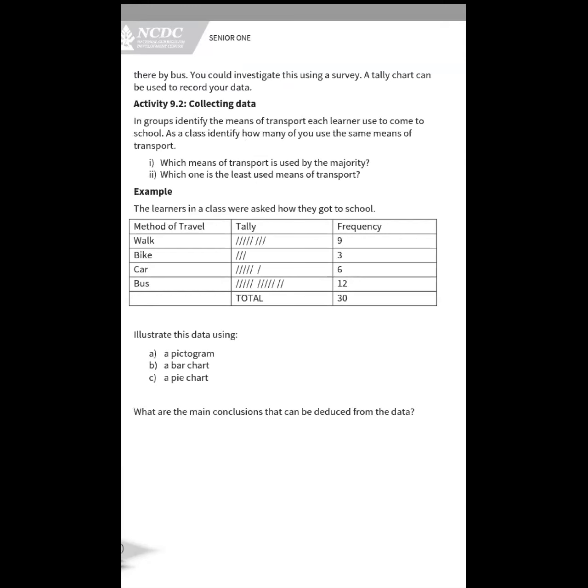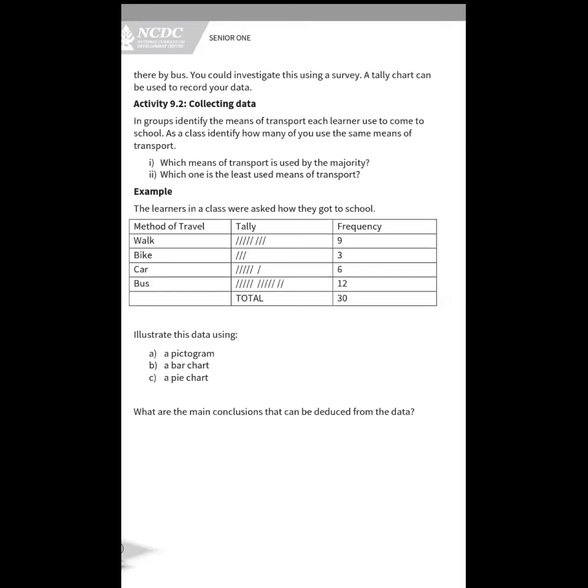Okay, let's hear from Manuela. In groups, identify the means of transport each learner used to come to school.